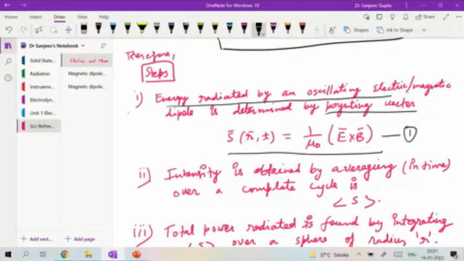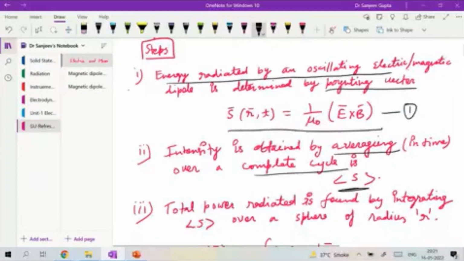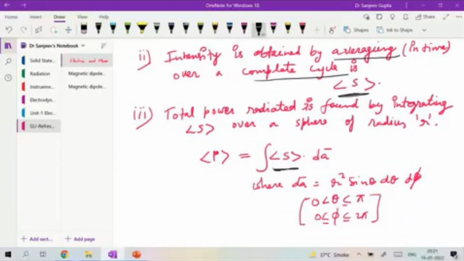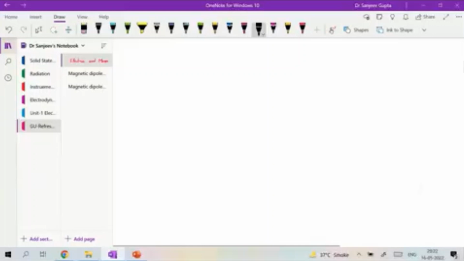Once you know S, you can calculate the intensity, which is obtained by averaging over a complete cycle in time. Third, very important: once you know the average intensity, integrate this average over a sphere of radius r, where dA is r squared sine theta d theta d phi, with theta ranging from 0 to pi and phi from 0 to 2 pi.